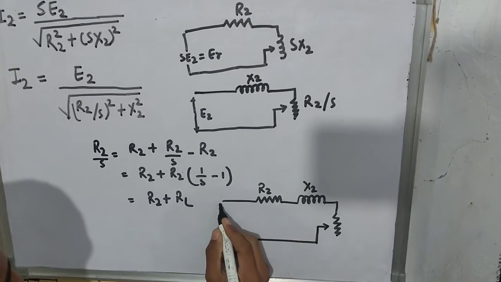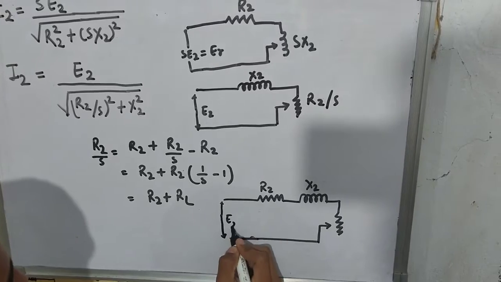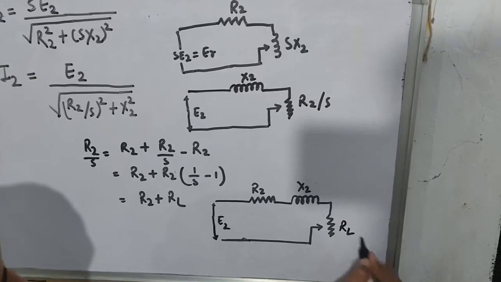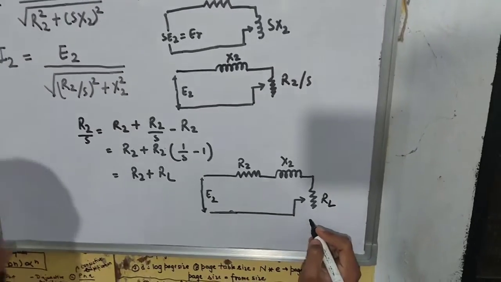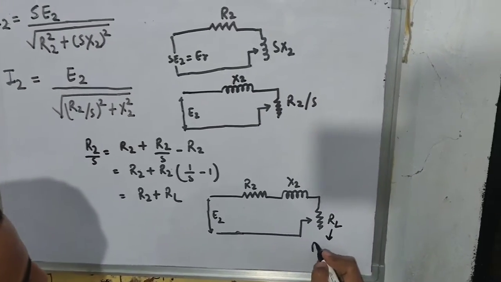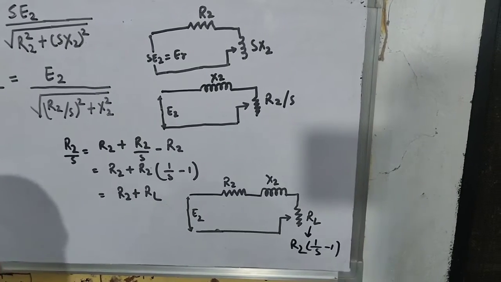This is the supply EMF induced, and this is RL, whose value is R2 (1 by S minus 1).